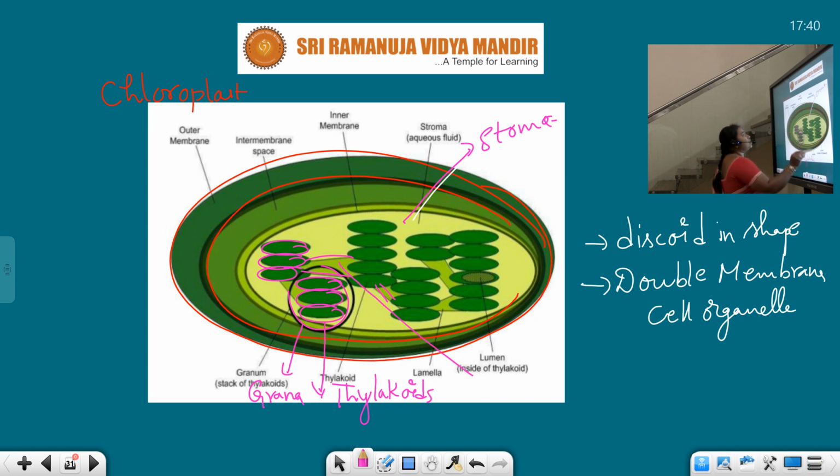These are linked with the stroma lamellae. See, this is the structure of the chloroplast. This shape is discoid, a double membrane cell organelle. So the chloroplast is surrounded by two membranes, the outer membrane and the inner membrane. The space present between the two membranes is known as the intermembrane space.